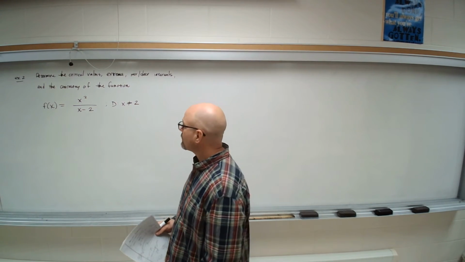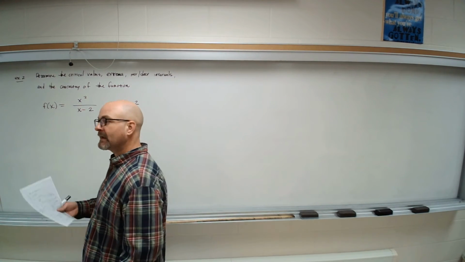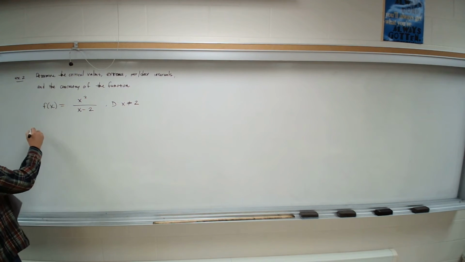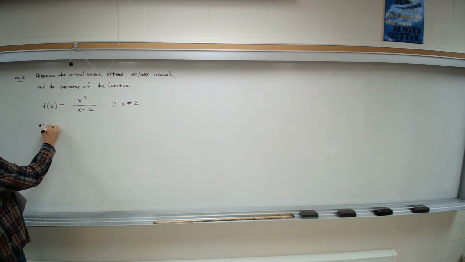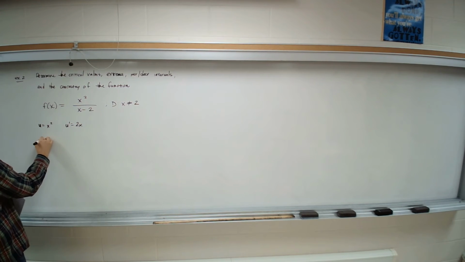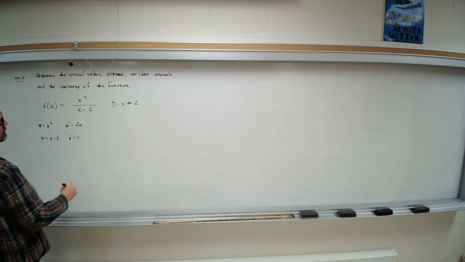So our first order of business here is to take the derivative. Okay, looking at this, this is a quotient rule, most likely. So I'm going to go ahead and say u is x squared, u prime is 2x, v is x minus 2, v prime would be 1.